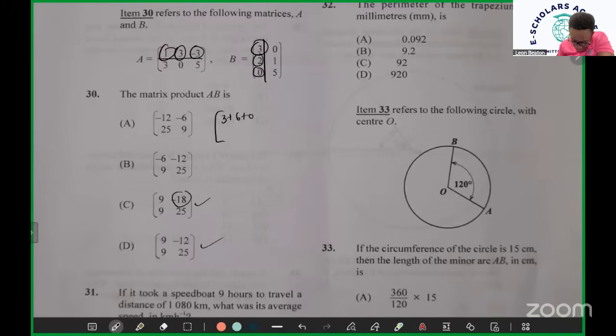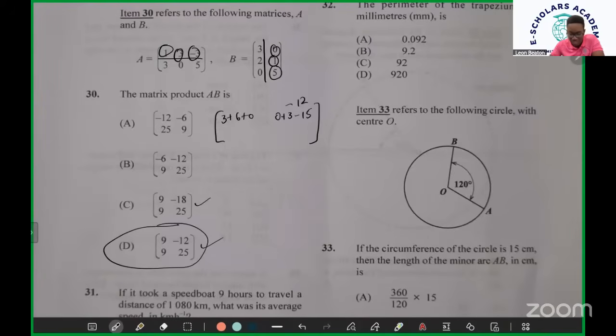So let me find this one here so that we don't have to go through the whole thing. 1 times 0 is 0. 3 times 1 is 3. -3 times 5 is negative 15. So 3 minus 15 would give me -12. So I'll go with D.